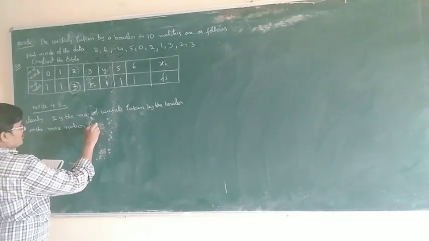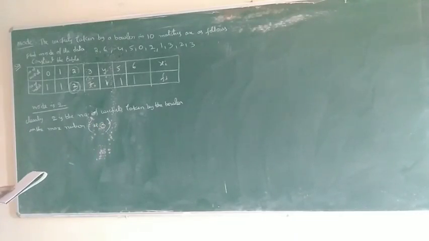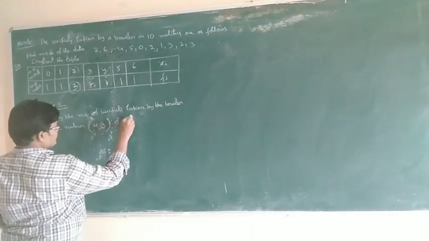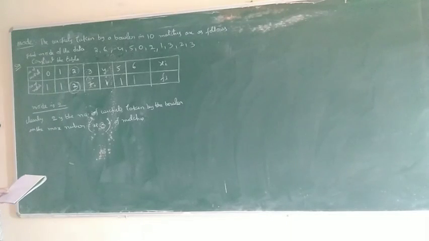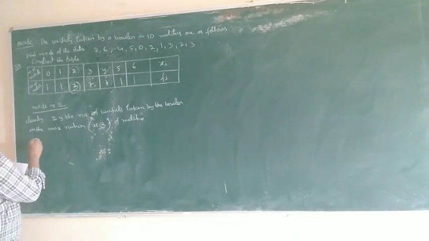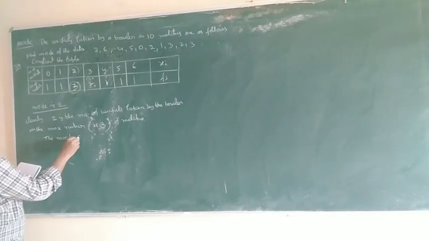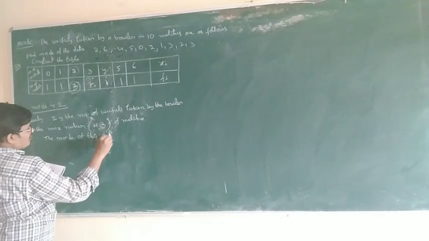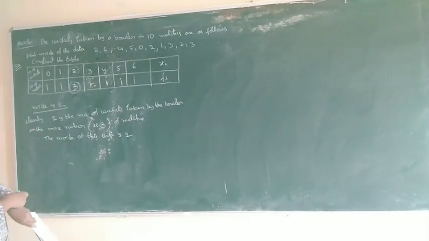What is the maximum number? The maximum number is 3 of matches. Therefore the mode of this data is 2. The mode of this data is 2.